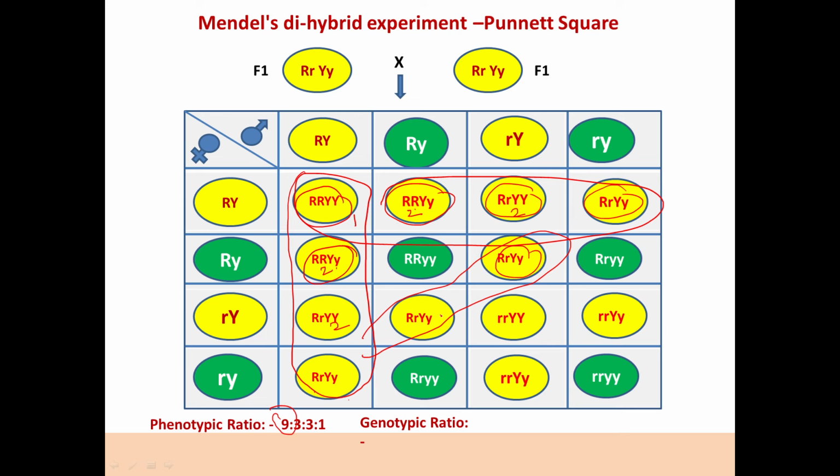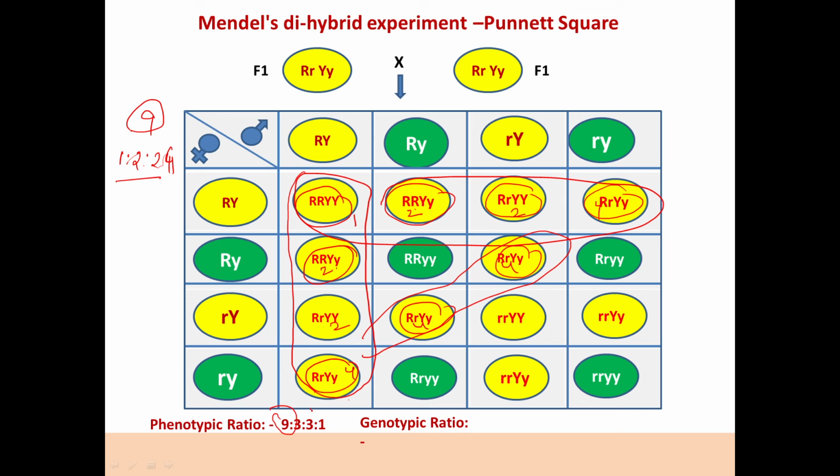So this ratio becomes, this 9 can be split as 1:2:2:4. You see 4 plus 2 plus 2 plus 1 equal to 9. So 9 phenotypic, in terms of genotypic, it is 1:2:2:4.